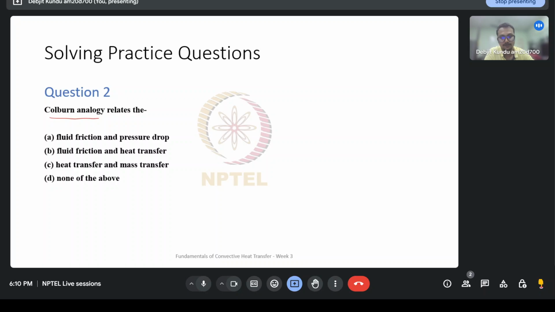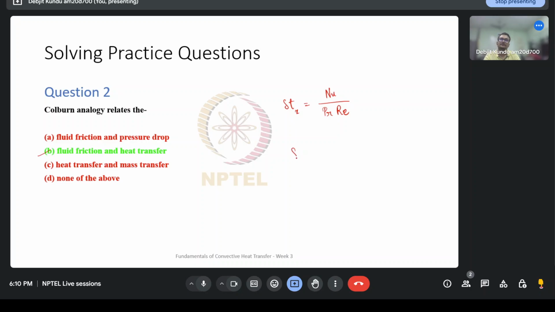So we'll now take a look at the correct answer. It's actually option B, that is fluid friction and heat transfer. The Stanton number at x is basically the Nusselt number divided by the Prandtl number and Reynolds number.